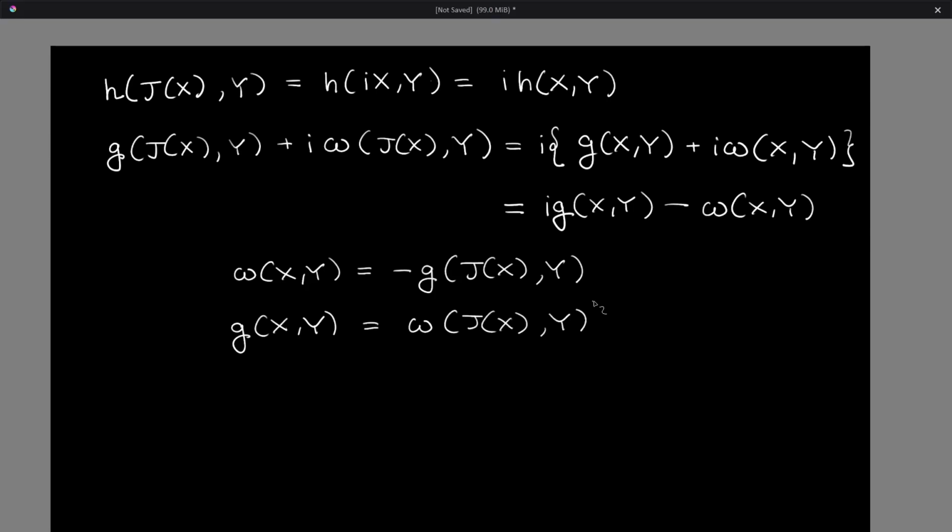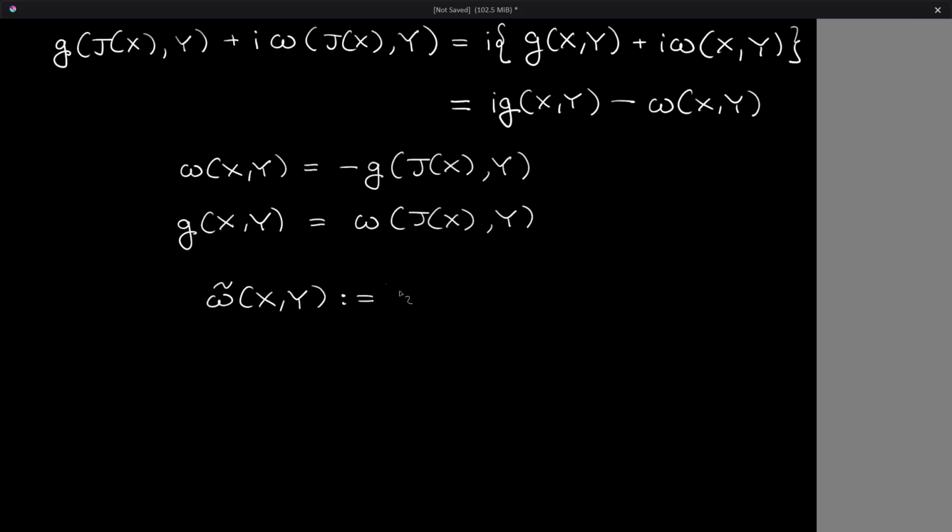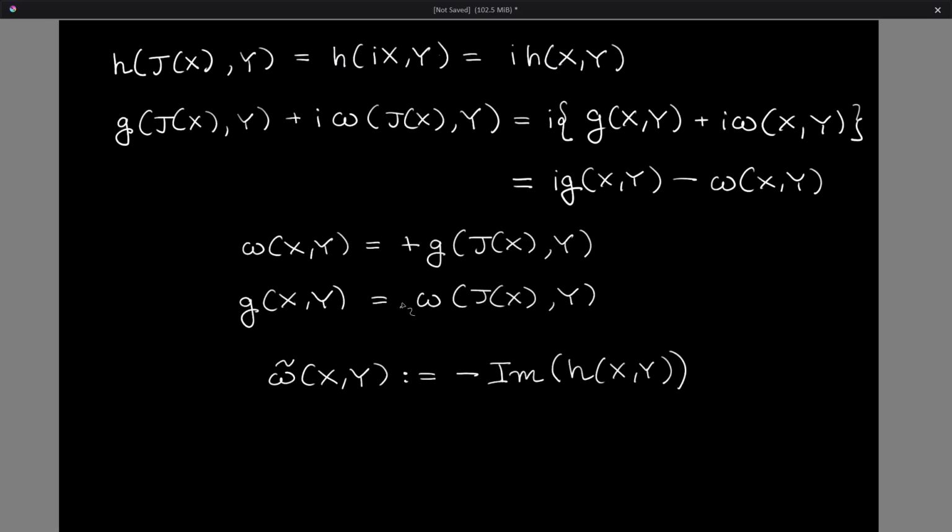Here's where there's an interesting convention where sometimes we will define omega tilde, let me call it omega tilde just so that you're not confused, as the negative of the imaginary part. I think the main motivation is so that this one is positive and this one is negative. We want this relationship to not have a sign between them. So we might go with omega tilde as our definition to make things simpler.